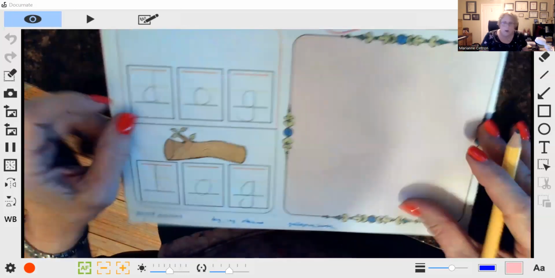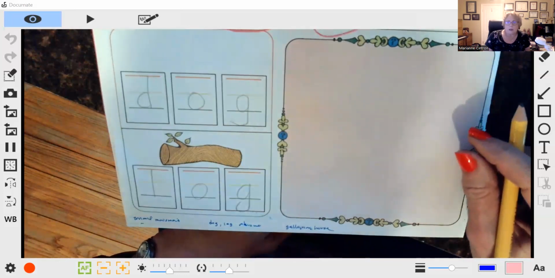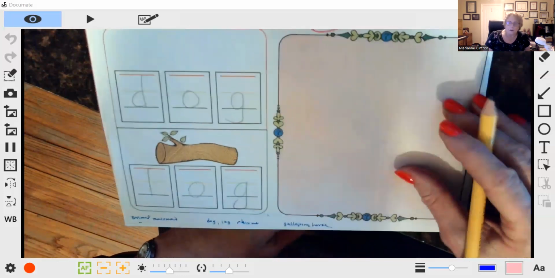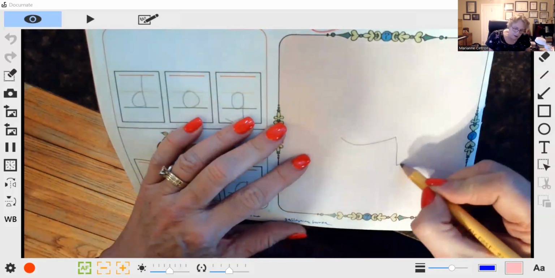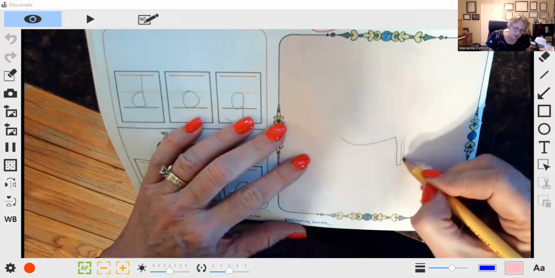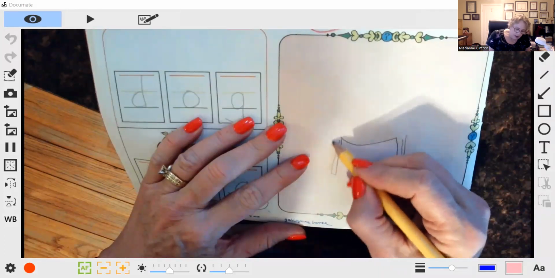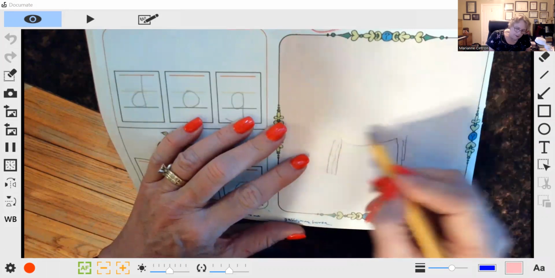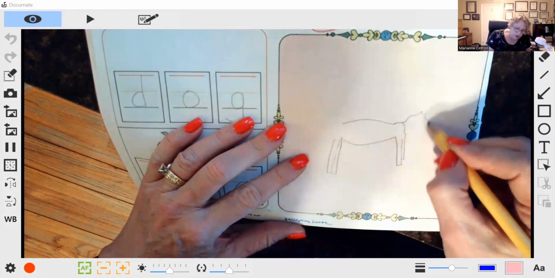So here, what sound goes gallop, gallop, clup, clup, clup, clup, clup? I don't know if you recognize that was a horse, but let's draw a horse if we can. I'm not the best artist. Here's a horse. He has a bushy tail.